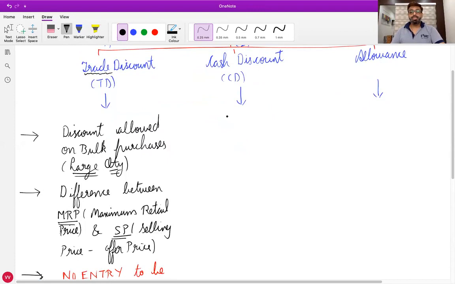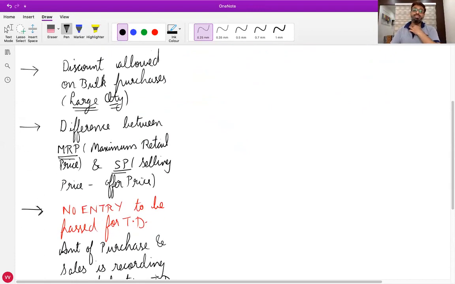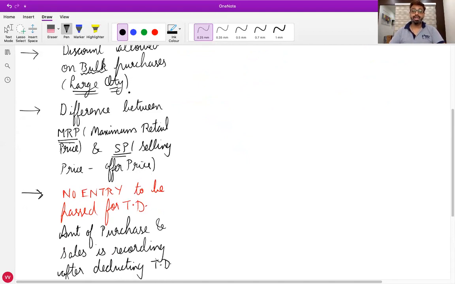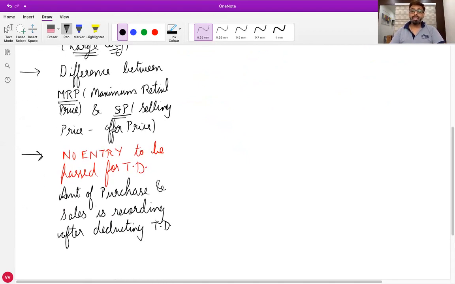Yes. So trade discount is the discount actually allowed. The traditional meaning of trade discount was a discount allowed on bulk purchase and sales, bulk quantity. But in the modern times, you always find that selling price is different from MRP. So the difference between MRP and selling price is now called trade discount.